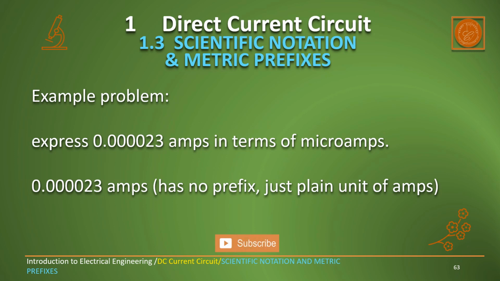Example problem. Express 0.000023 amperes in terms of microamperes. 0.000023 amperes has no prefix, just the plain unit of amps.